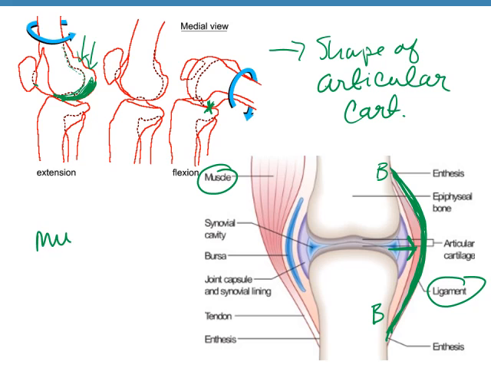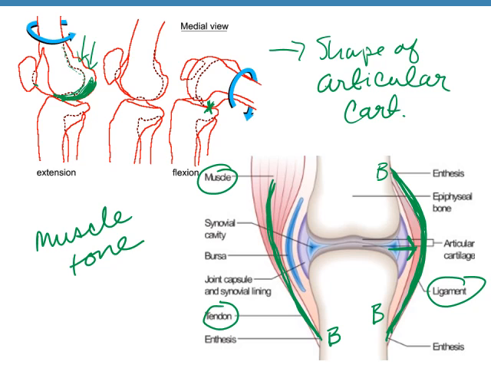On this side, we have a muscle tone example. So you can see the muscle is bound to the bone via the tendon, and if this muscle is tight, you can see that the muscle would be pulled across the joint, also providing stability, keeping the joint in its location rather than shifting or moving.